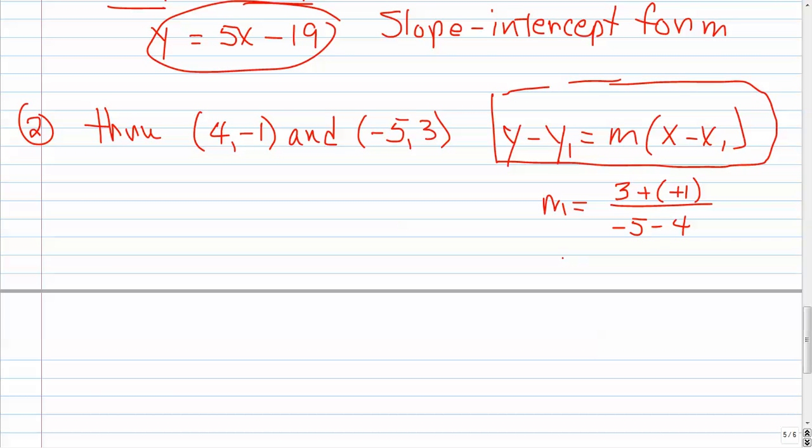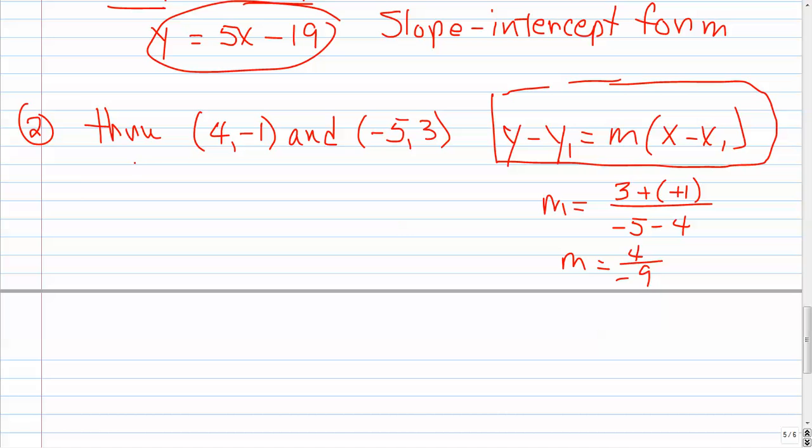So the slope is equal to 3 plus 1 is 4, and negative 5 minus 4 is negative 9. So there's my slope. Now, it doesn't matter which ordered pair you use. I'm going to use the first one, and I think in MyLabsPlus sometimes they want you to use the first one, so that might be the one to use on this. It really shouldn't matter, but for some reason they want you to use the first one.